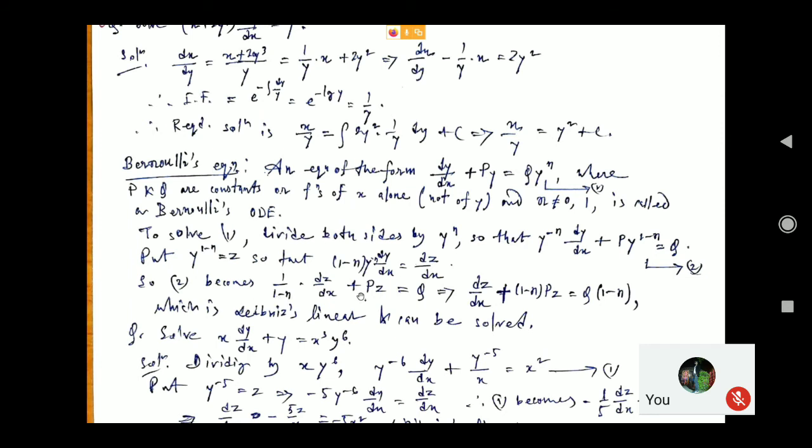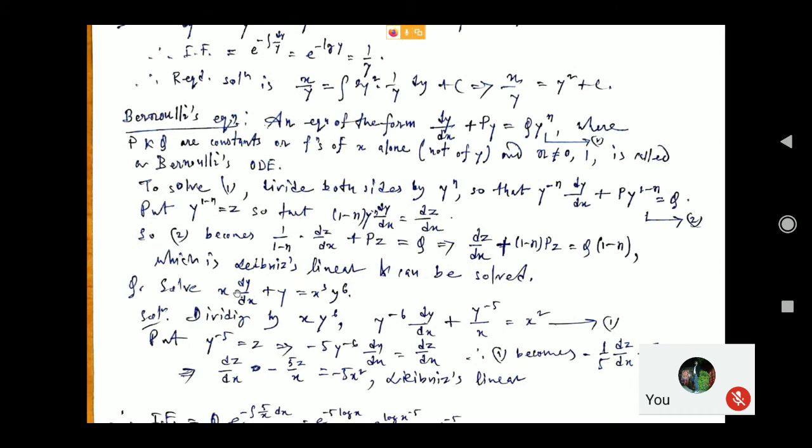You do it on pen and paper. Take this dy/dx value, it will be y to the power n divided by this into dz/dx. Put it here, simplify, and you will have this expression. This expression we can further put into the form dz/dx plus pz equal to q, which is a Leibniz linear equation, so like the earlier method we can solve it.